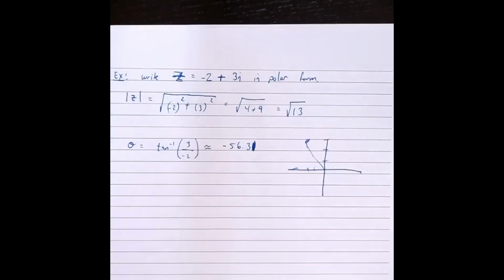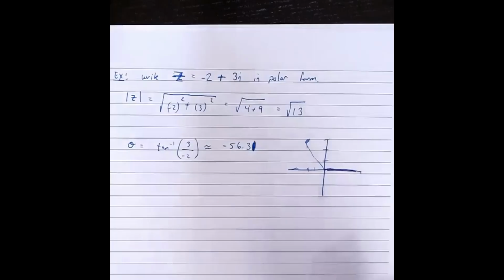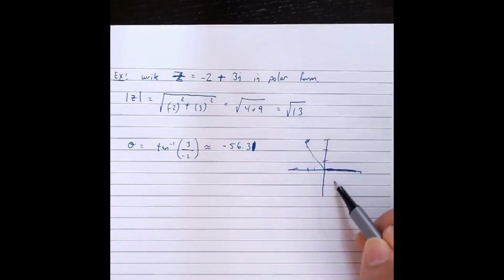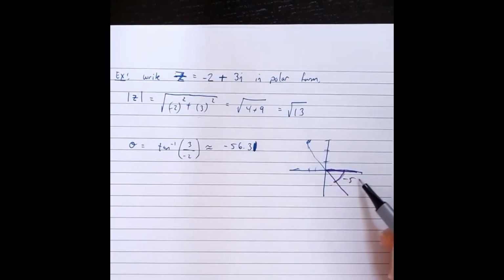That's the wrong direction. Because an angle always starts off with the positive half of the x-axis. Negative would go clockwise. This would be negative 90. So negative 56 would be somewhat less than that. So this is the angle negative 56.31.